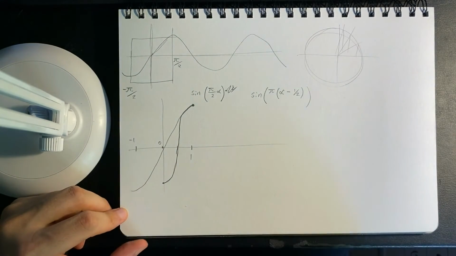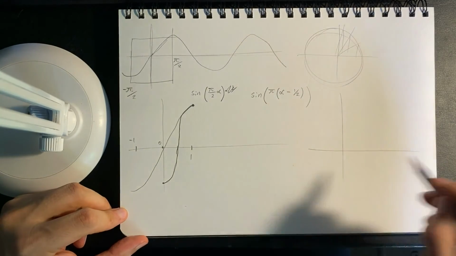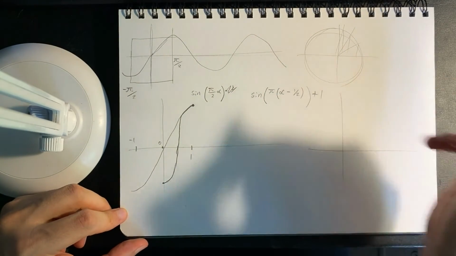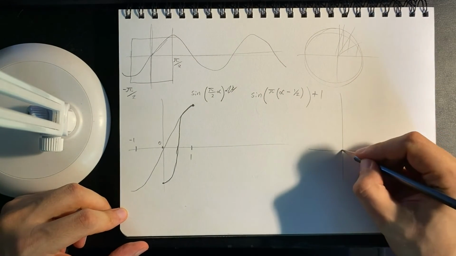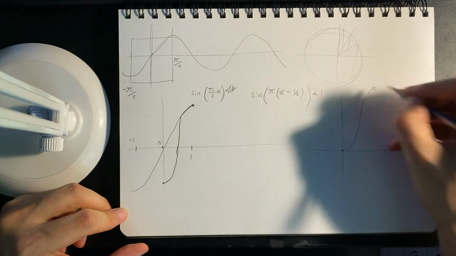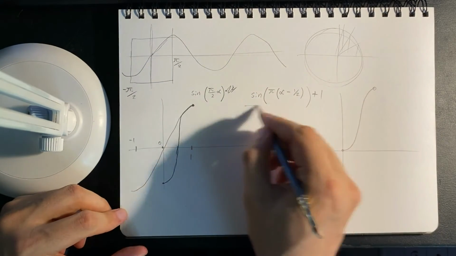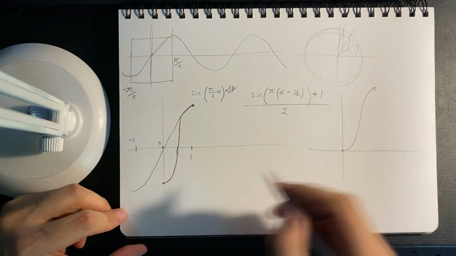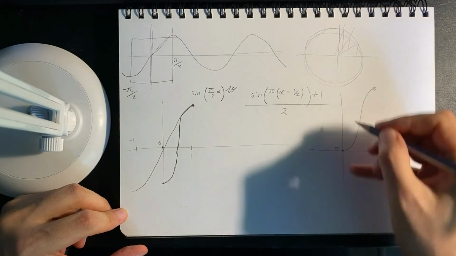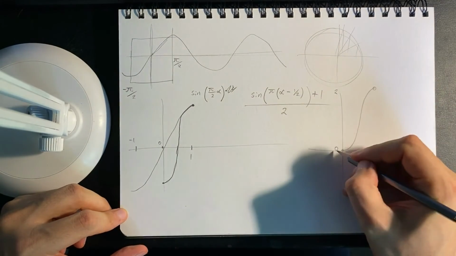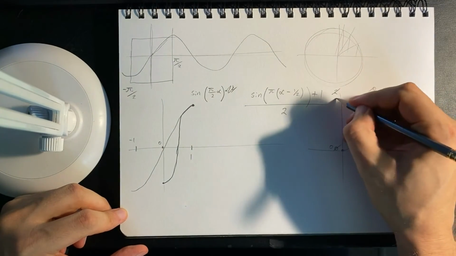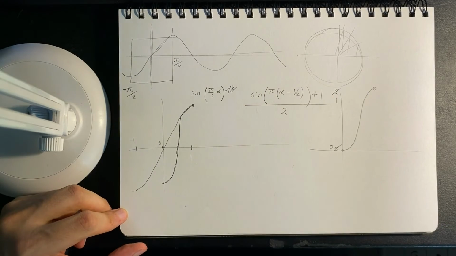And now what I want to do is shift it up. So we just add 1 to that, get our minimum, come up, have our maximum, and then divide all that, because if we add 1, we would be going from 0 to 2, halve everything, we're now going from 0 to 1, as expected.